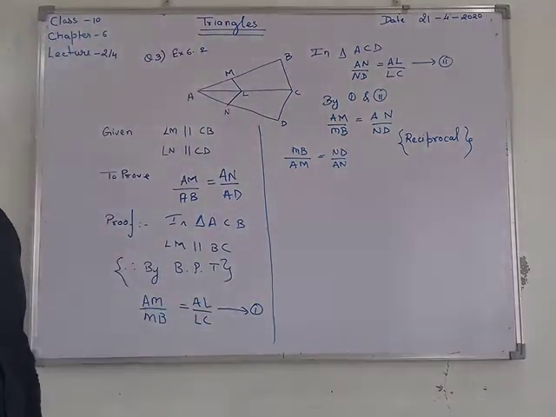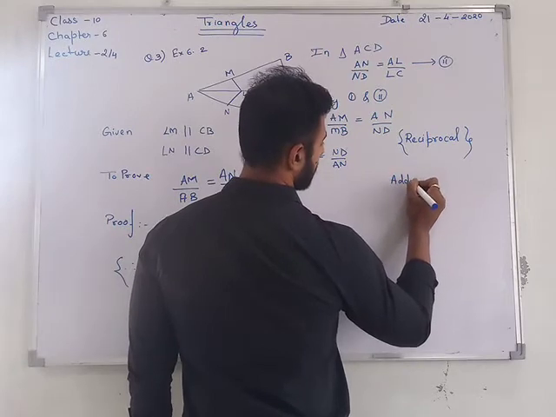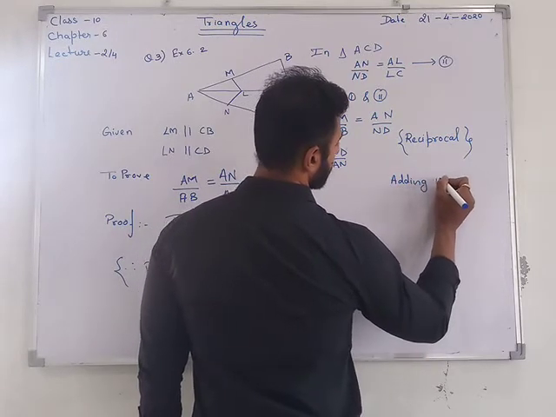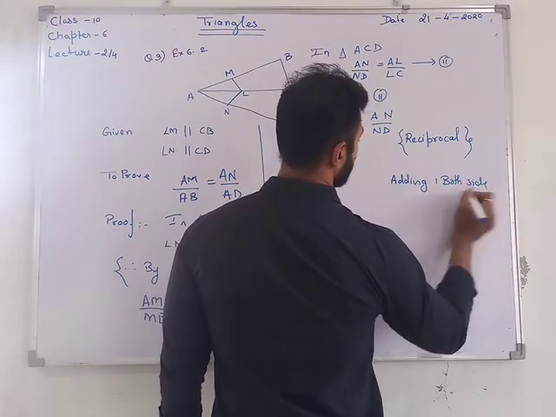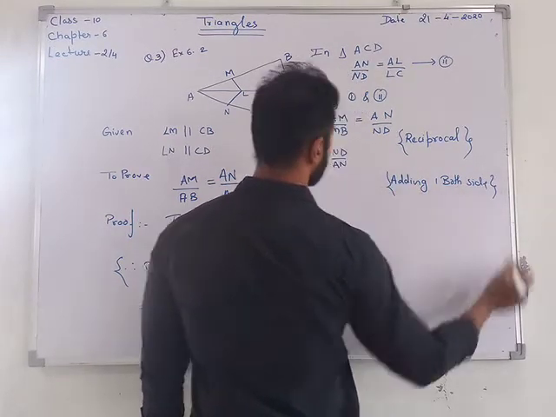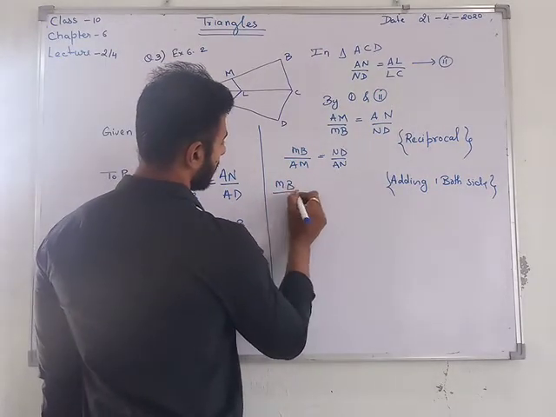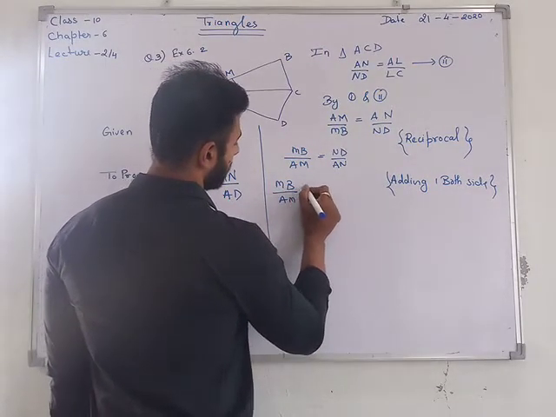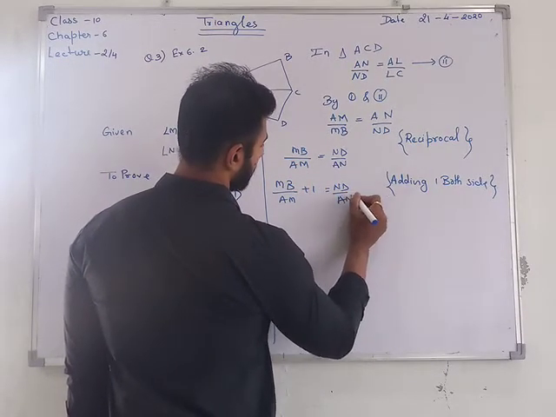Now adding one both the sides, MB upon AM plus 1 is equal to ND upon AN plus 1.